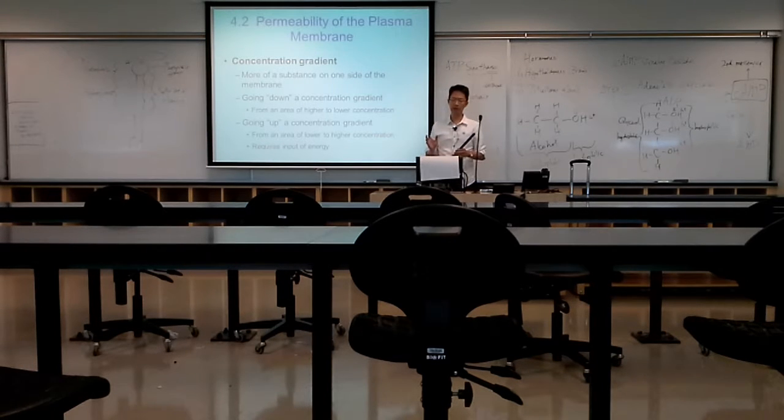Because we are going up a concentration gradient, it's like pushing something up a hill. It's like Greek mythology, pushing something up a hill. Then it requires energy. And what is the energy that our body uses to push up the concentration gradient?